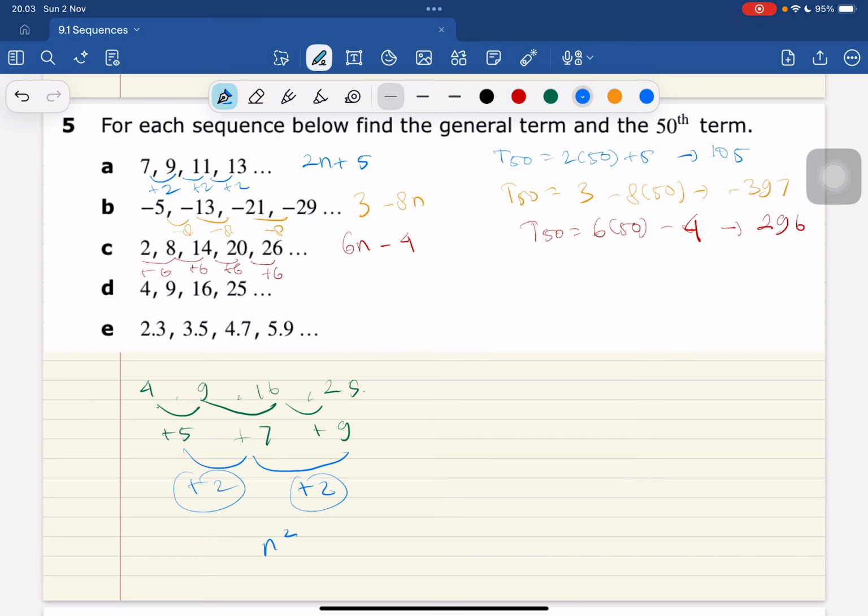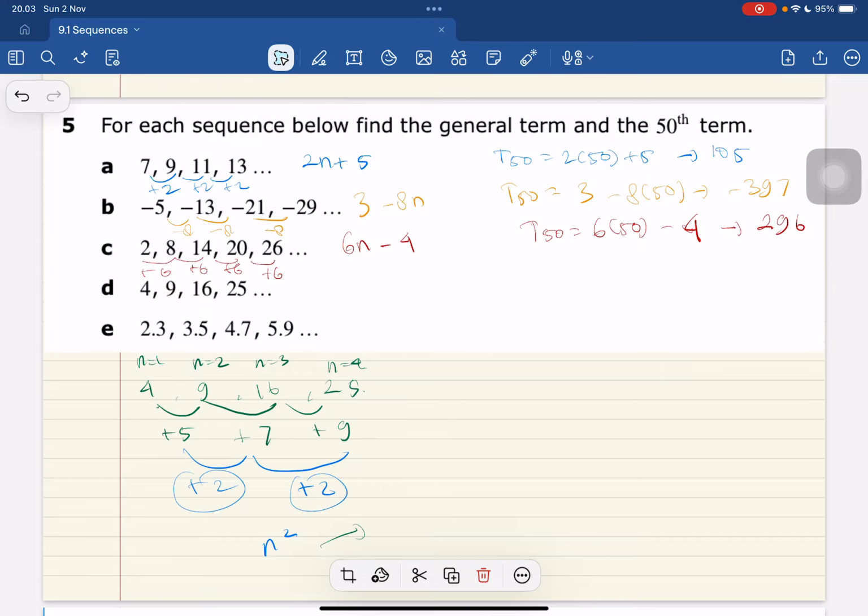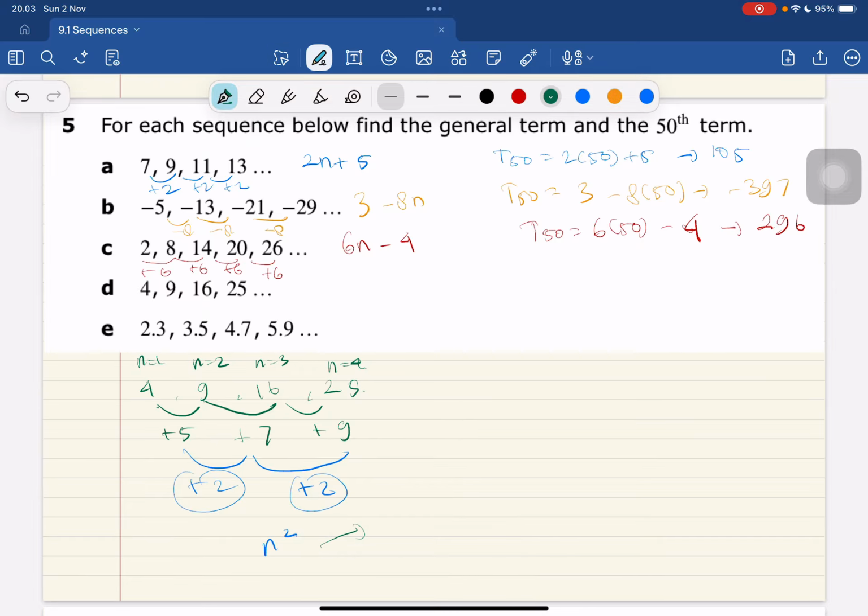So what can we see from here? If this is the first term, so this is n equal to 1, n equal to 2, n equal to 3, n equal to 4. To make it 2, we can make it n plus 1, and then we square it: 1 plus 1 is 2, 2 squared is 4, 2 plus 1 is 3, 3 squared is 9.